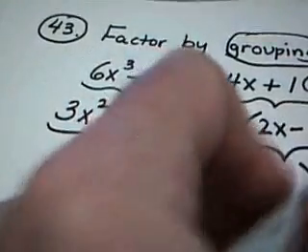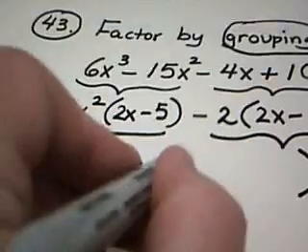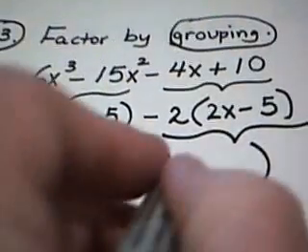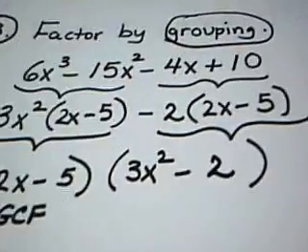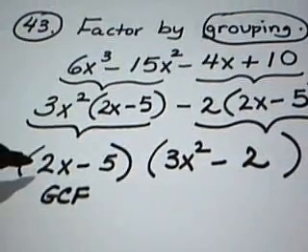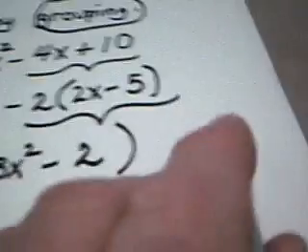In parens, what I would be left over with would be a 3x squared from the front, and then a negative 2 from the back. Now, a lot of times my students ask me if the 2x minus 5 has to go in front or if it can go in back.